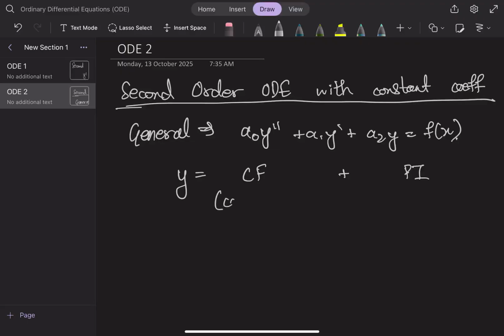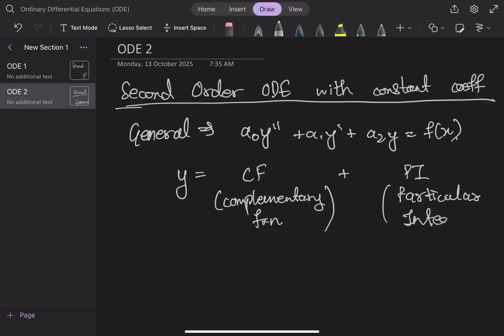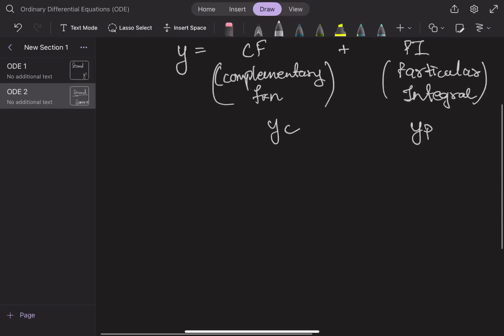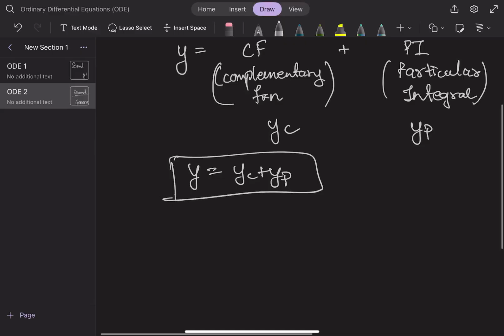Here CF means complementary function and PI means particular integral. These are also denoted as yc and yp. So basically y is equal to yc plus yp is your solution. And when you're solving a DE, you need to find both of these separately.